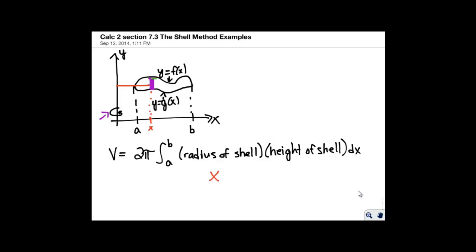So it's the value of the function at the top function, the value at x of the function on the top minus the function on the bottom. So my height of the shell is going to be f of x minus g of x, whatever that value of x is.